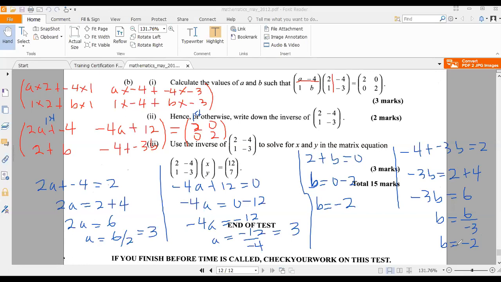Those who are copying, do it quickly, or you screenshot it, then later we can move on. Tell me if it's okay, we can move on to the next question.